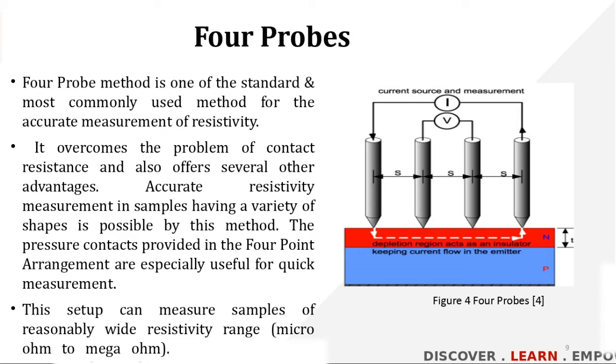So what are the 4 probes, and what is this 4 probe method we are using? You can see here we have 4 probes, and these are equidistant from each other. The 2 outer probes we use to measure the current, and the inner probes we use to measure the voltage.